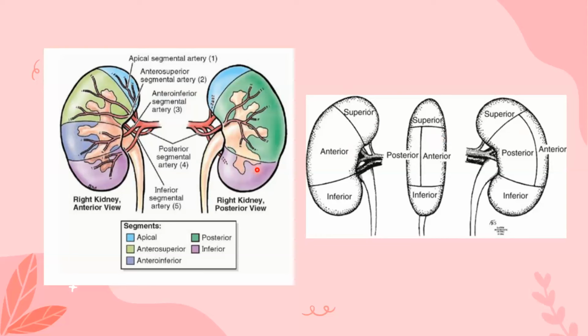And then we're going to have the inferior that goes inferiorly and supplies the entire inferior portion. However, for the anterior portion, we are going to have a split. Since we're splitting into two, one is going up and one is going down, it is also going to be an anterior superior and anterior inferior.